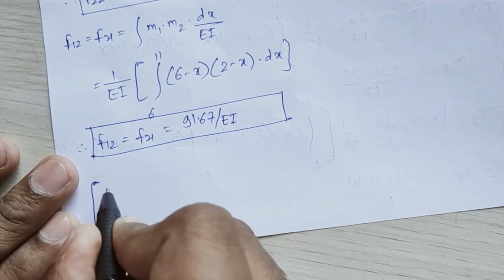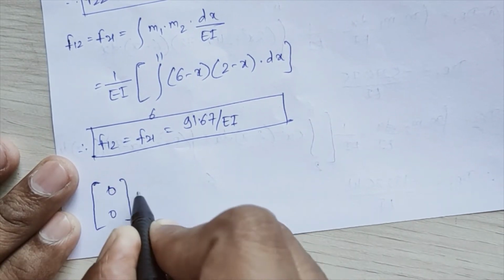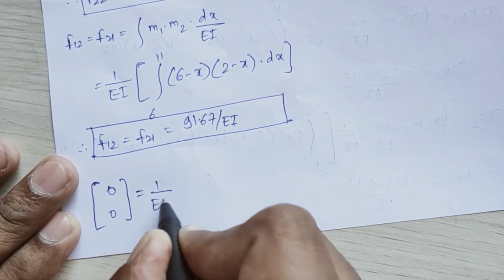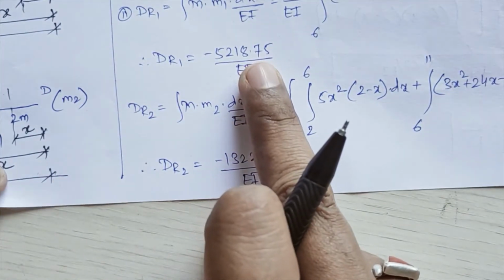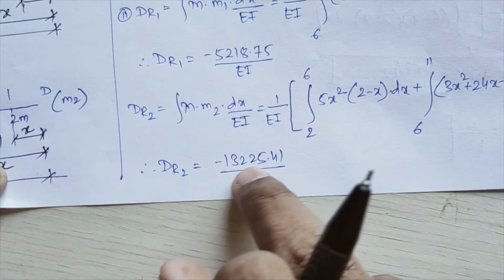So first, the d values, d1 and d2, both are 0, equal to the dr1 and dr2 values, which I have calculated. I have taken 1 upon EI common, and I have got minus 5218.75 upon EI and minus 13225.41 upon EI.